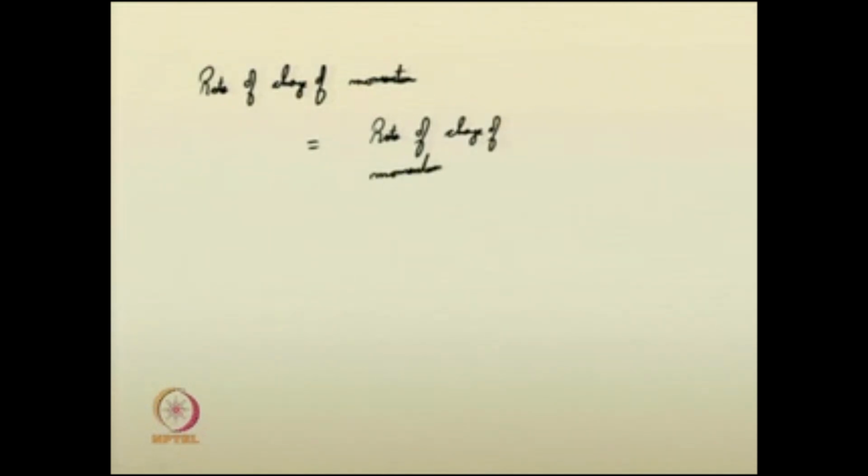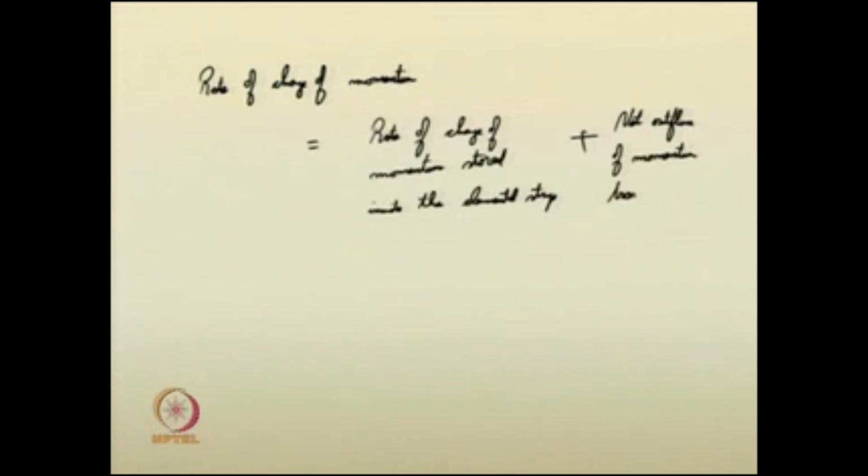So, I can write the net force is equal to the rate of change of momentum stored inside the elemental strip plus the net outflux of momentum transferred through the control surfaces of that elemental strip.